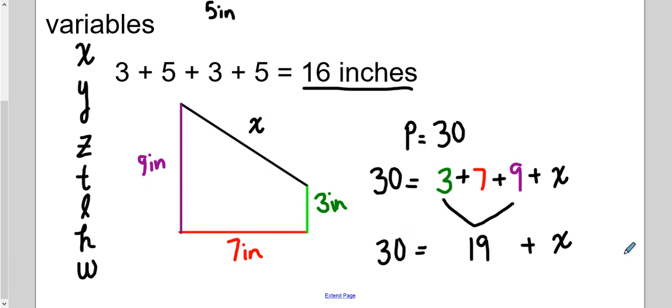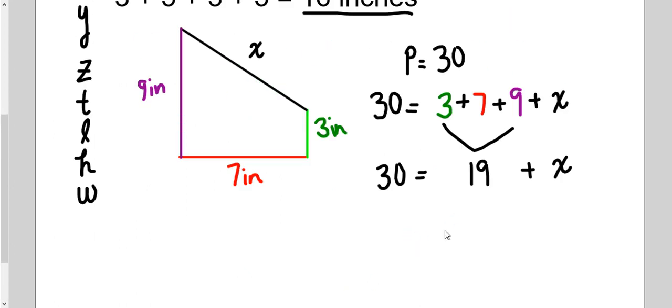Well, how in the world are we supposed to find that then? Well, think about it kind of like a math problem. 19 plus what number is equal to 30? All that we need to do is subtract 19 from both sides. So we're going to subtract 19 here, and we end up getting 11. And when we subtract 19 right here, we get nothing.